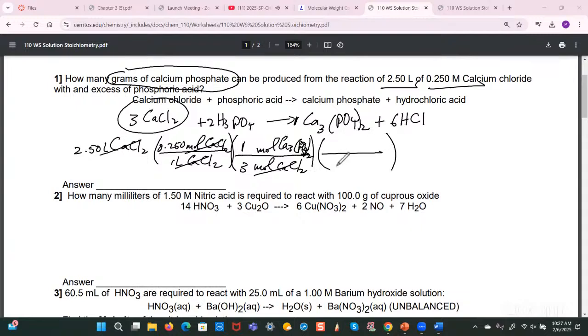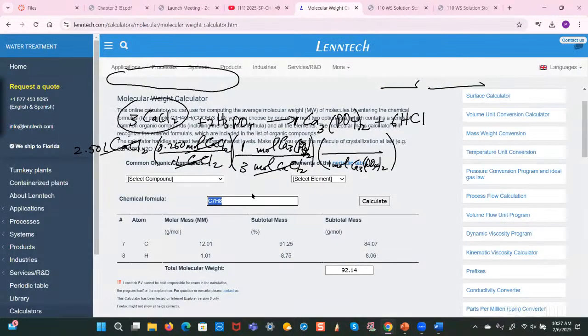We have to convert the moles of calcium phosphate to grams. So what goes below here would be 1 mole of Ca3(PO4)2, and above you need to calculate the molar mass. Again, I'm going to go to my calculator.